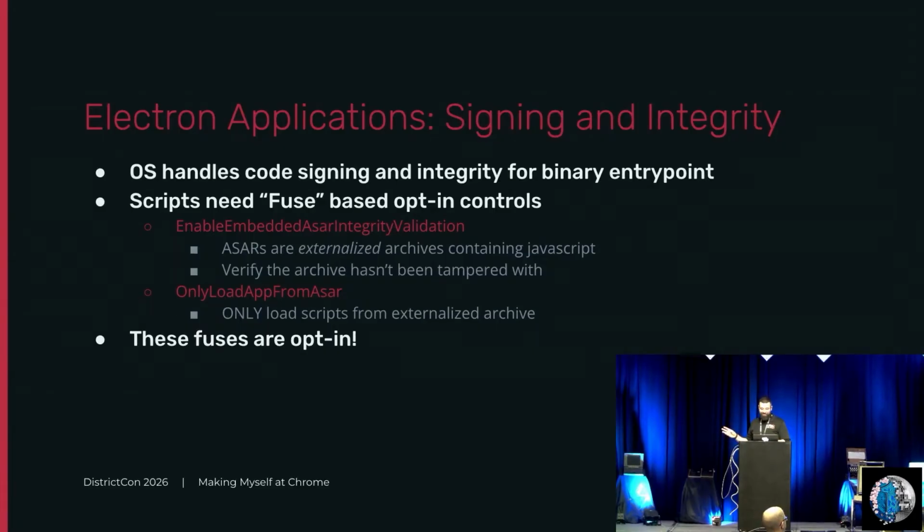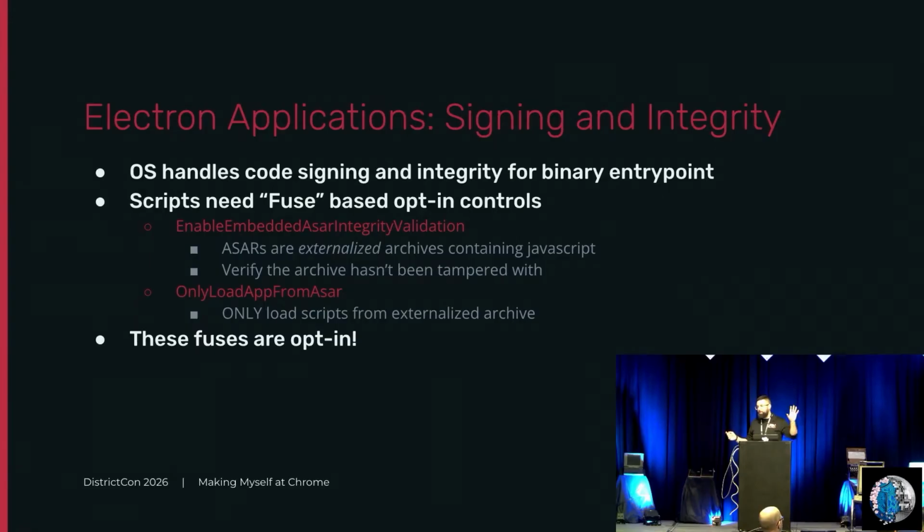In short, if you enable these two fuses, you say, hey Electron, when you're building my app, store all your scripts in a single place, an archive called an ASAR, only run the scripts from that single place, and make sure they haven't been tampered with before you run.